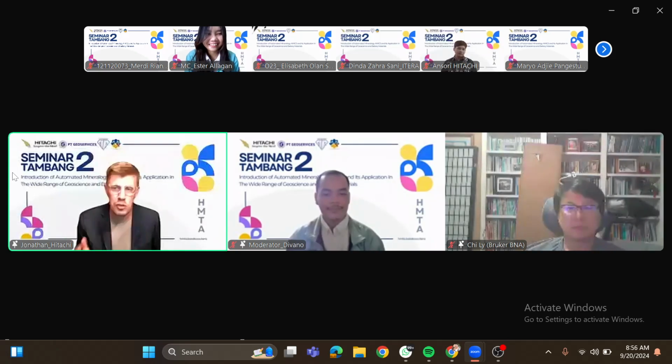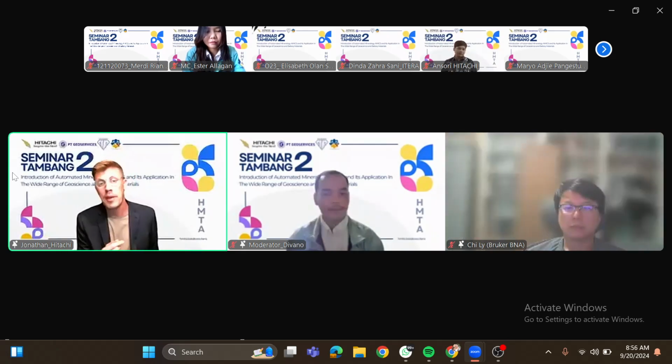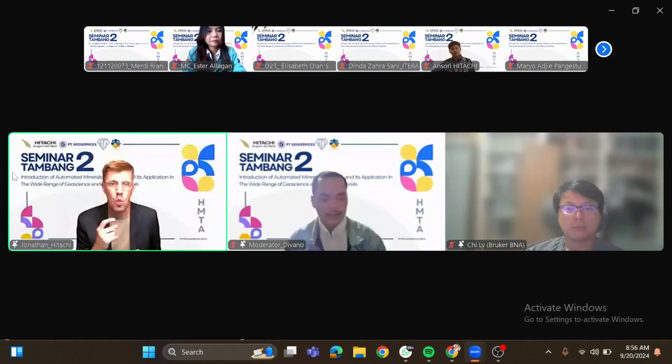So if you're going to use image data, which is critical for exploration for battery minerals, because we look at textures of the laterites, texture of the rocks, right? We have to make sure that we have a system that's collecting the data in the same way every single time, right? And so one of the things that AMICS can do when we're doing a lot of this exploration, we're doing particle analysis.